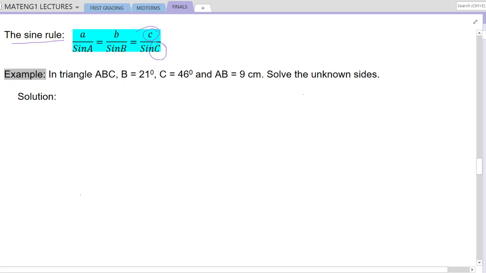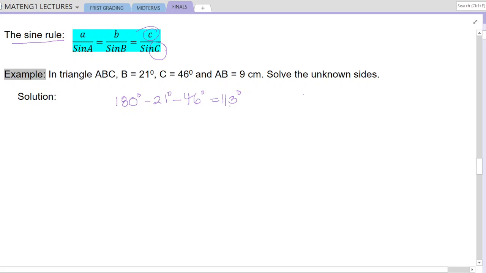Okay, so having that one, we have there an example, that is if you're going to assess that one, since the angles of a triangle add up to 180 degrees, computing for the third angle, that is 180 degrees minus 21 degrees minus 46 degrees, so that is equal to 113 degrees.